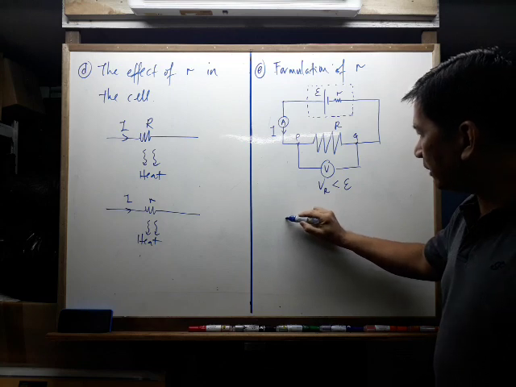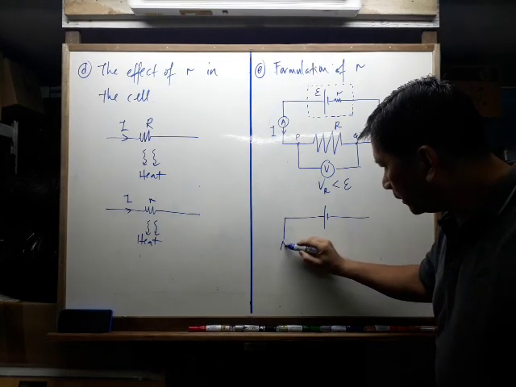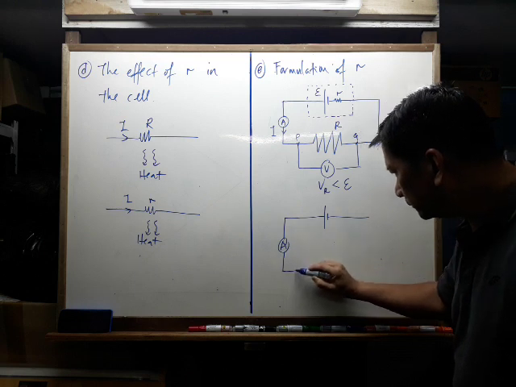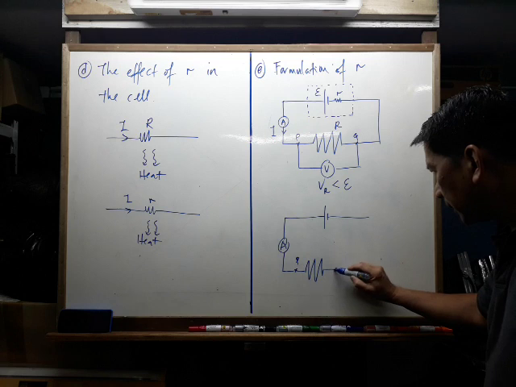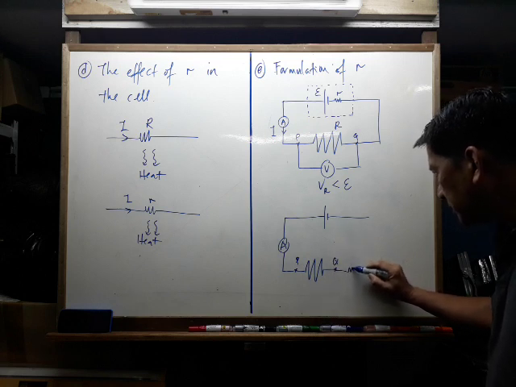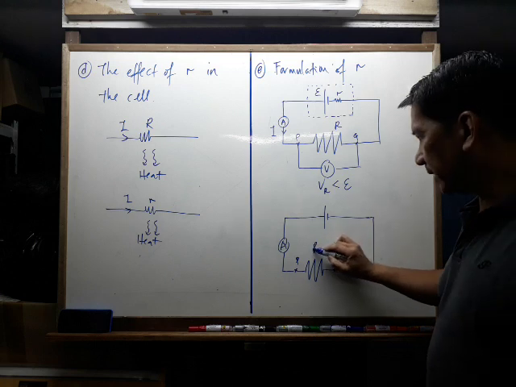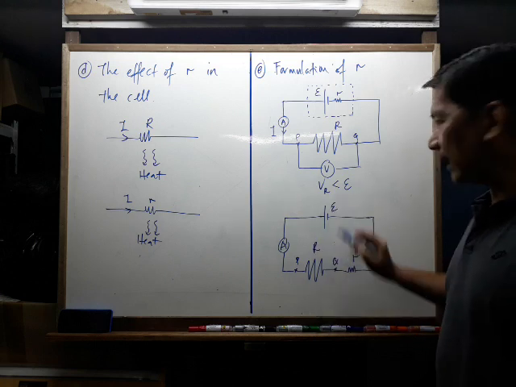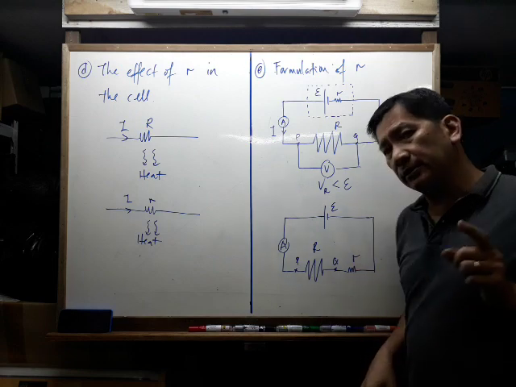So now we have a new diagram for our battery. This is our P, this is the big resistor, and this is our Q, and this is the internal resistance of the battery. Theoretically, now this battery becomes ideal because you already took out the internal resistance.